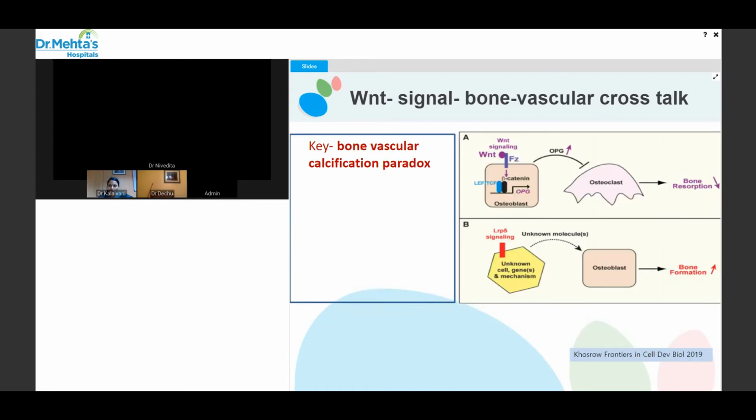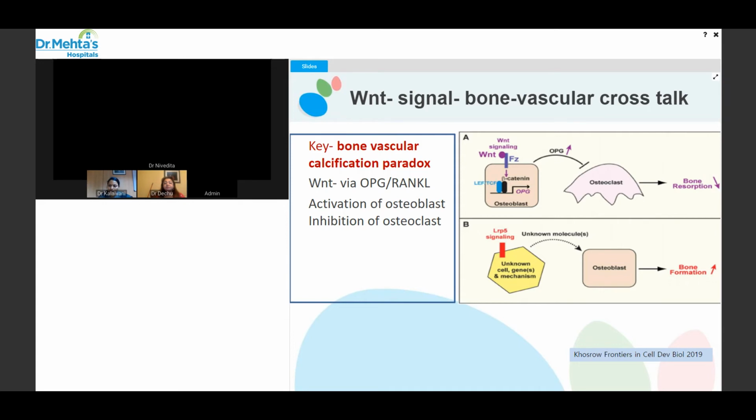The other important signaling pathway that has been discovered in the bone-vascular crosstalk is the Wnt signaling pathway, and pathogenetically, this is the counterpart of the bone-vascular calcification paradox. The Wnt signaling pathway is present in the osteoblast, and it increases the production of osteoprotegerin, which in turn inhibits bone resorption.